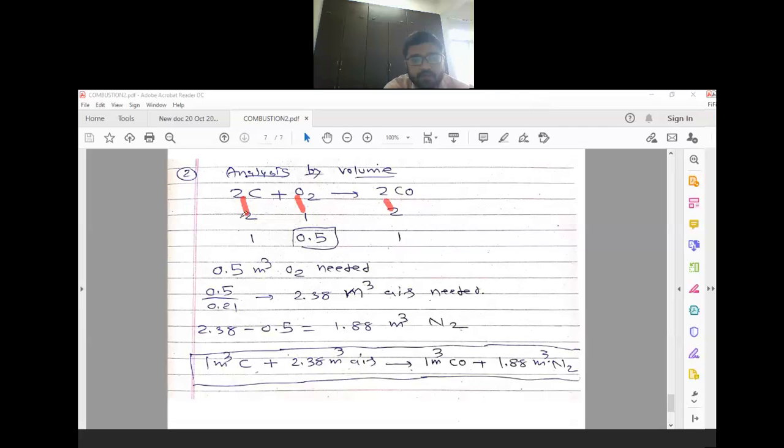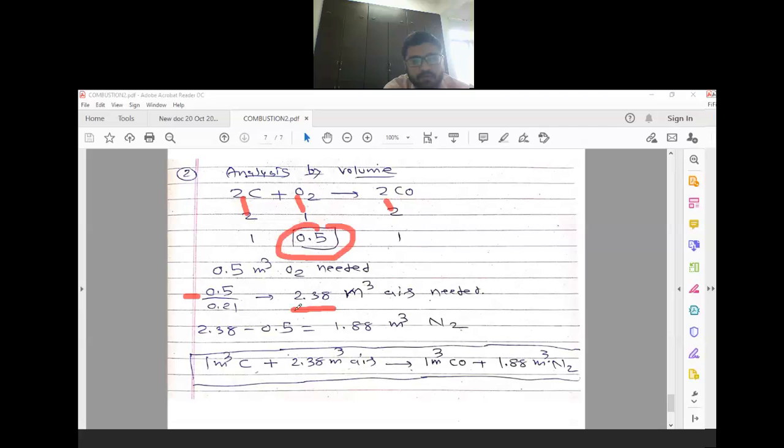So 2 meter cube carbon requires 1 meter cube oxygen, output will be 2 meter cube carbon monoxide. Now for 1 meter cube carbon you require 0.5 meter cube O2, and output will be 1 meter cube CO. Now to find out the value of air you have to divide this by 0.21. So this is how you can get the value.